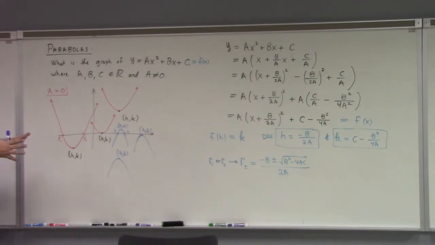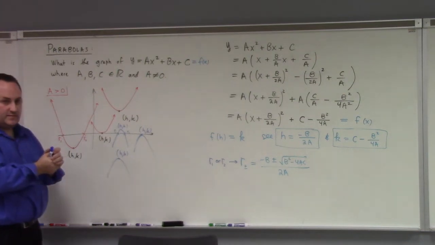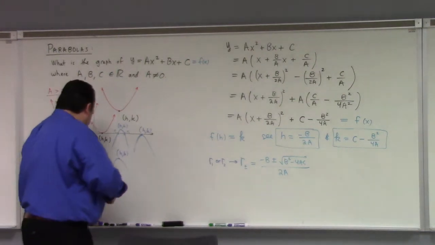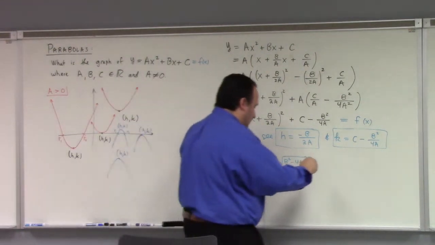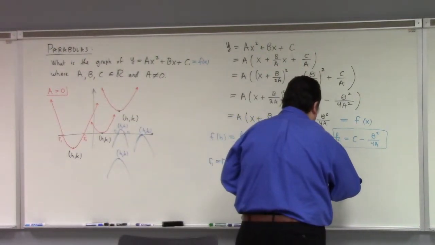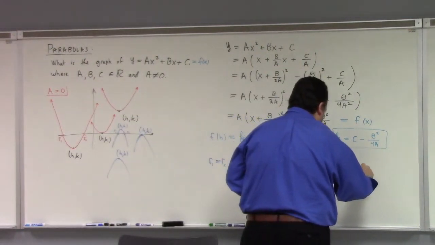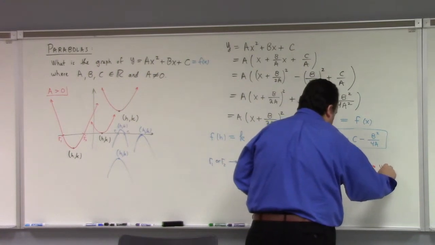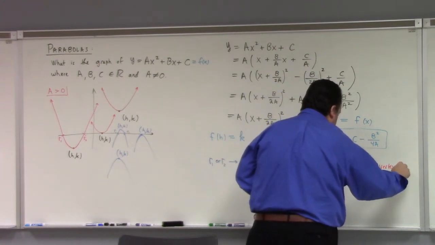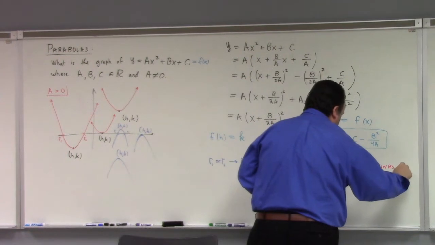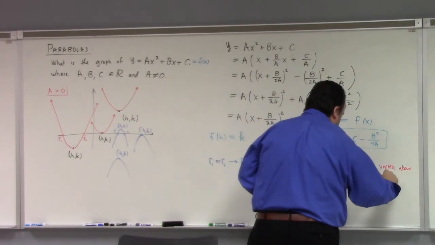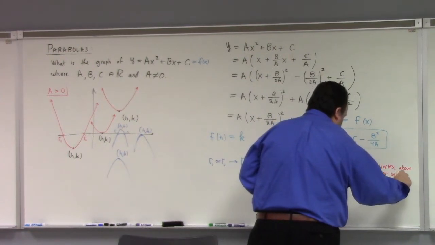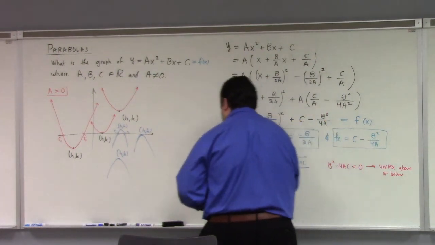And that quadratic formula answers the question, when are you above or below the x-axis, right? Like, just think about it. B squared minus 4ac less than 0 implies vertex, you know, above or below. Well, that's not the way to say it.